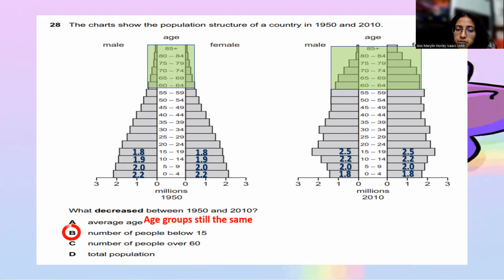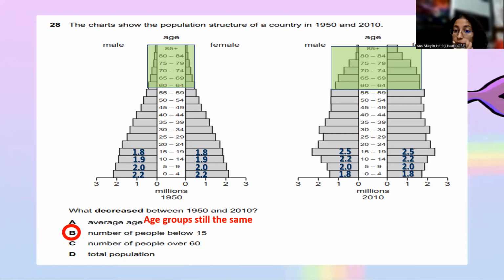And total population, sorry, my mistake. Number of people below 15, maths problem, sorry. If you do the calculation here, I was looking at the age of 15 to 19, sorry, where I made a mistake just now. That is probably the only one which has experienced an increase, 10 to 14, mild increase.